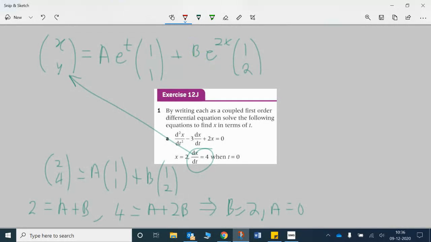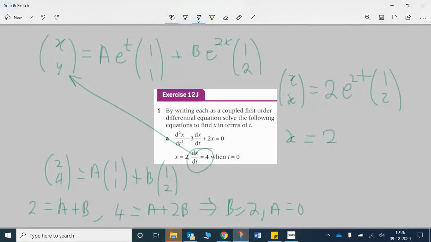So finally, we could restate this with a and b written in it, but let's put it like this: (x, x dot) is equal to, this disappears, and we'll get 2 lots of e to the 2t times (1, 2) there. And then, of course, if we're just interested in x, that's just going to be the 1 times this.